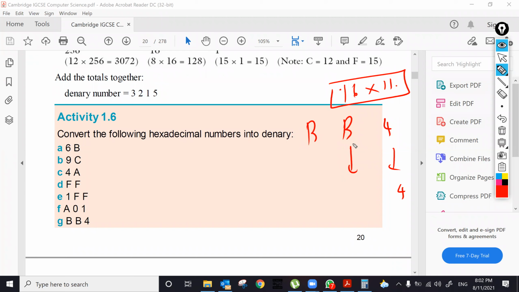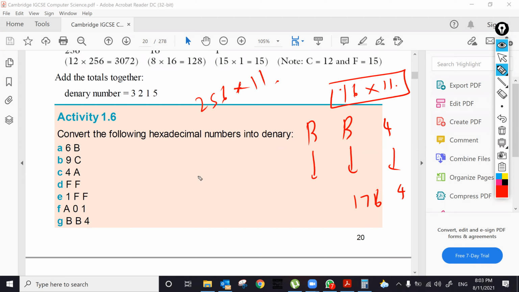Yes, sir. Right. 176, right? Here this one. And here we have 256 into 11. So it's 2816, sir.